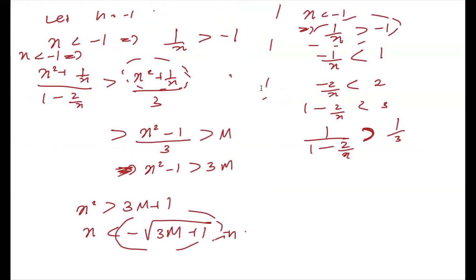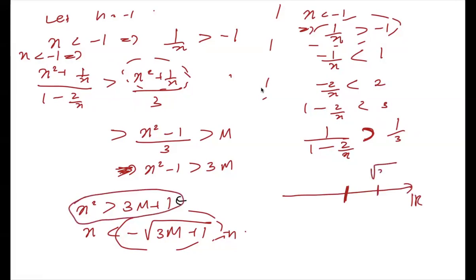Yeah, here, let's say someone asks a question, how do you get this one? So basically, if you take your real number line, you have to have x squared greater than this one, right?